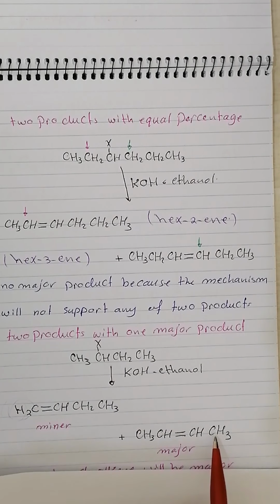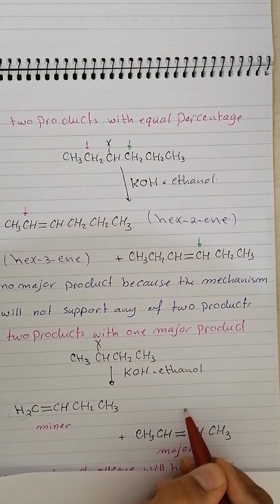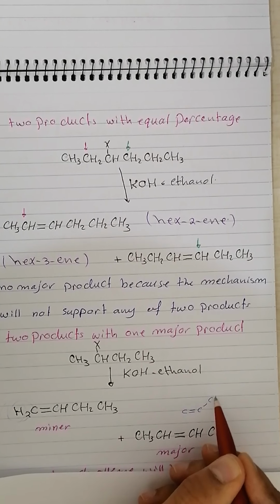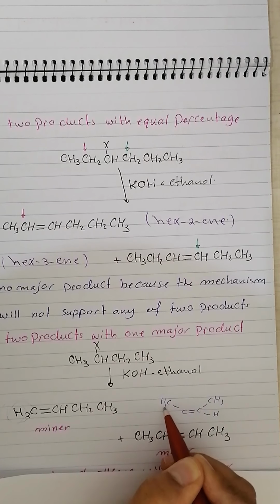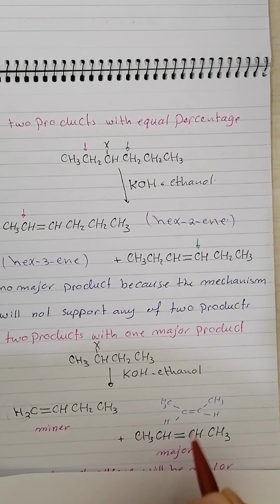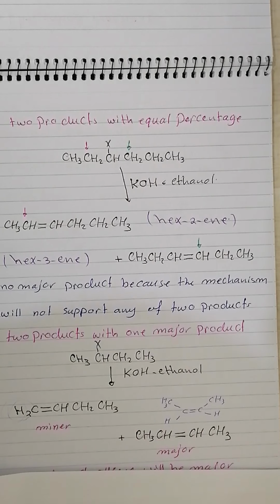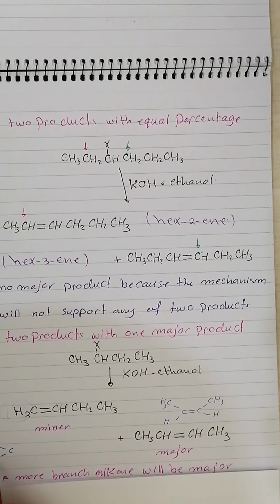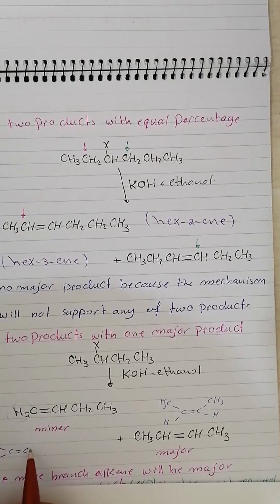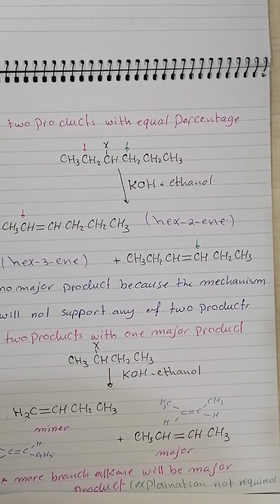Remember, in this compound it says CH3, H, so it can be cis and trans, while this one is CH, H, double bond, CH and C2H5, so there is no cis-trans.